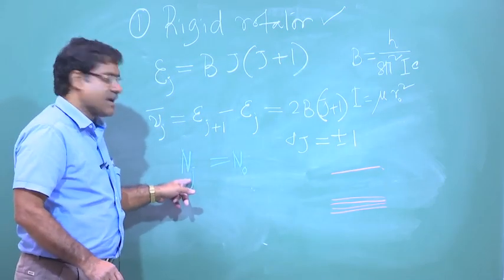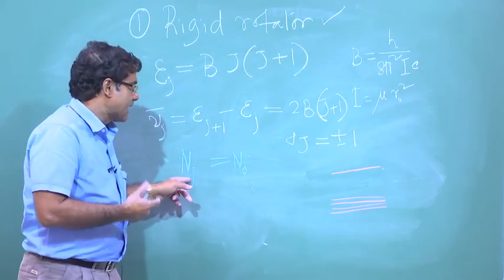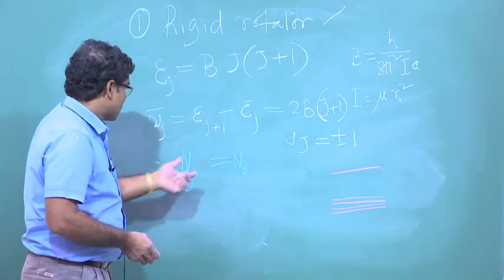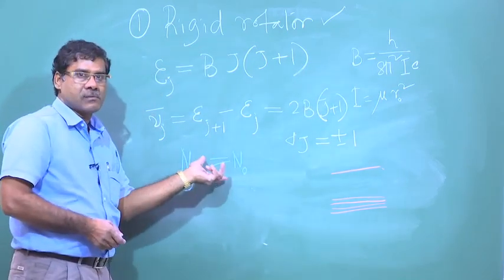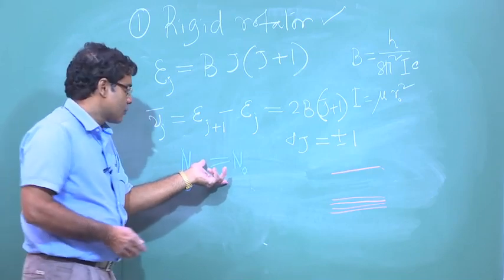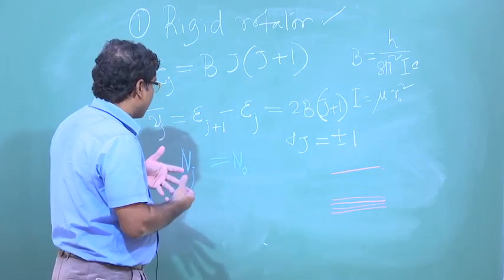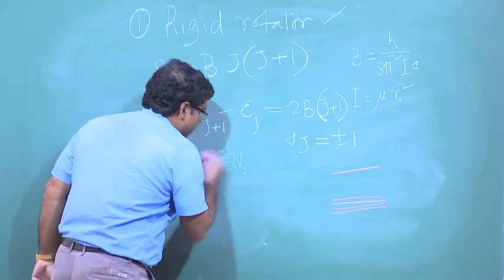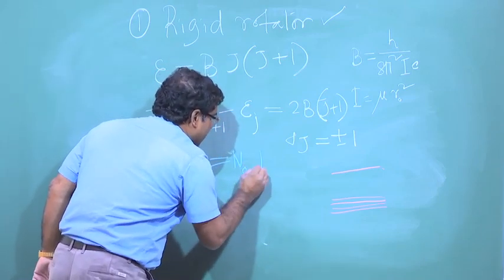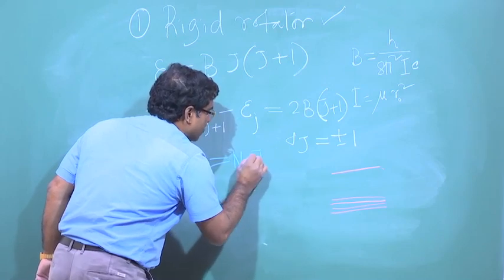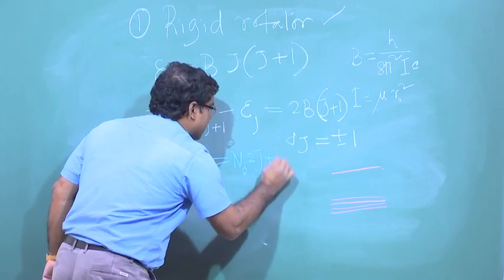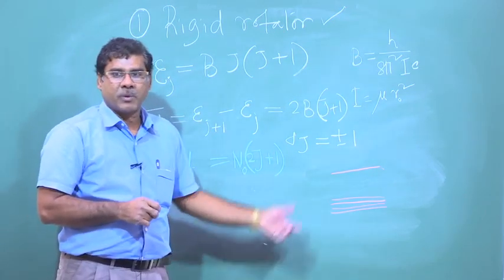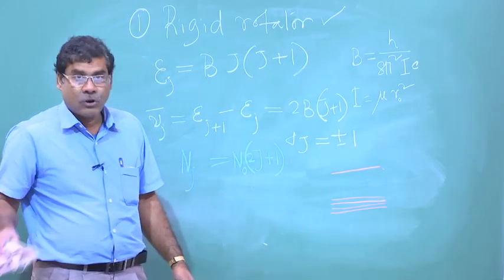So Nj is the number of molecules that will stay at the jth energy level, and that is called the population. It will be proportional to 2J plus 1, that is the degeneracy, as well as proportional to the Boltzmann factor.